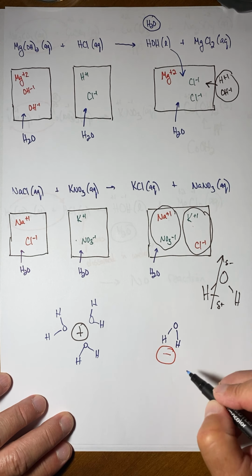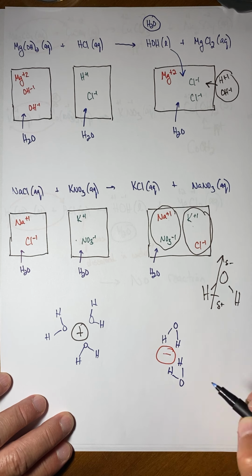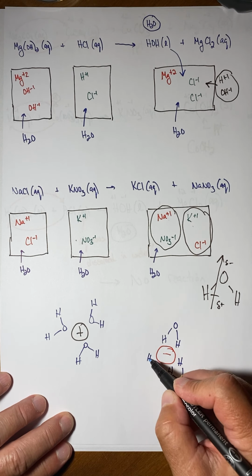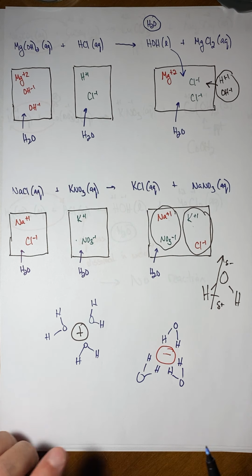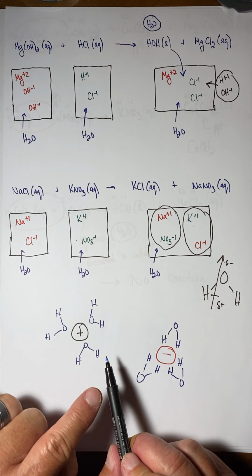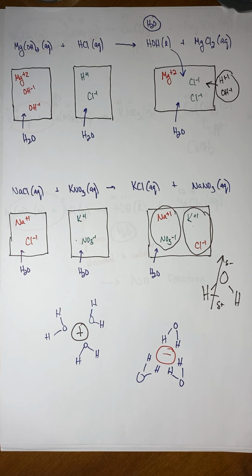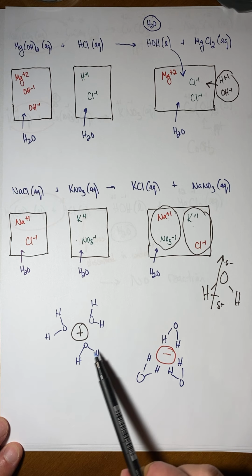But it's going to surround the negative ion with its slightly positive end, which is the hydrogen end. Like that. Now, normally what would happen is the positive and the negative ion would be attracted to each other and stick together. If that were to happen, then it wouldn't stay dissolved and you'd have a clump. But if it's dissolvable or soluble, it will allow water to pull a blanket around it.